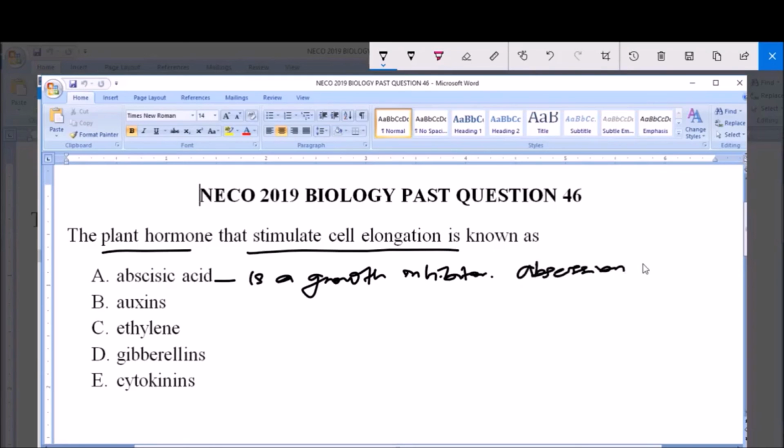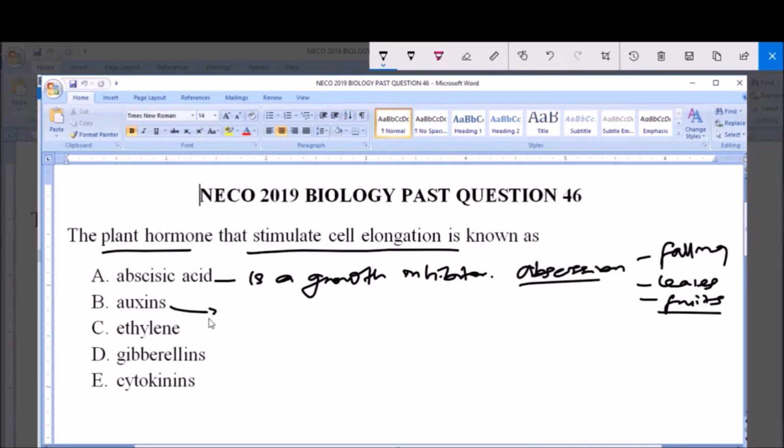Abscission simply means the falling of plant parts. For instance, the falling of leaves is abscission, falling of fruits is also abscission, that is after aging. So abscisic acid stimulates aging and abscission and suppresses the growth of buds.